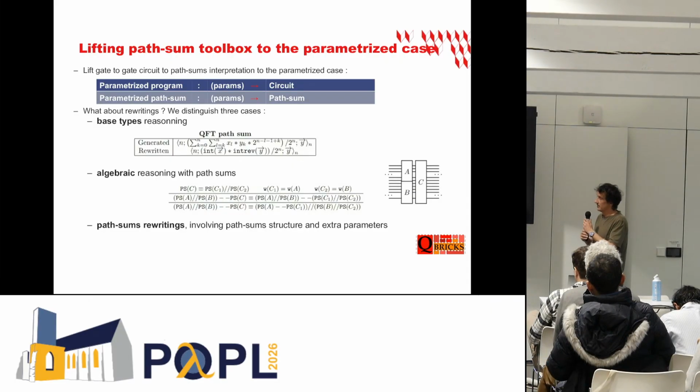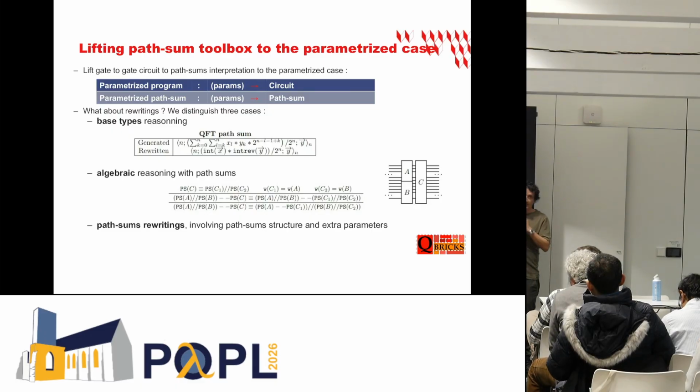The first one is just about rewriting along the theory of the leaf types, the leaf data, the simple data types that are used in the path sums. So here is an example of an equality between two integer expressions. We need to be provided some means for that.